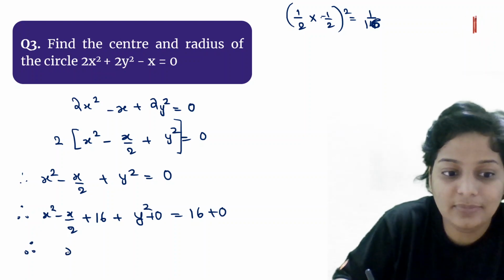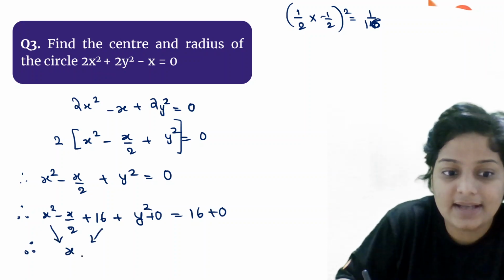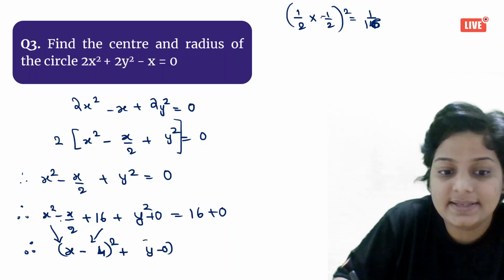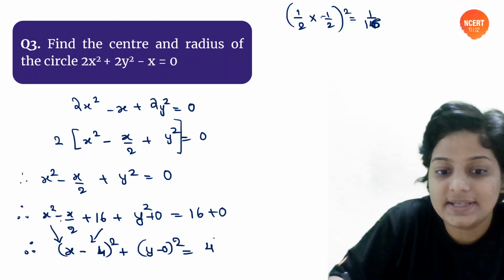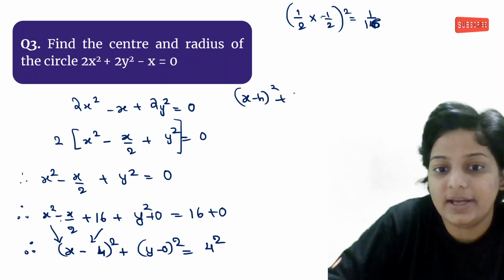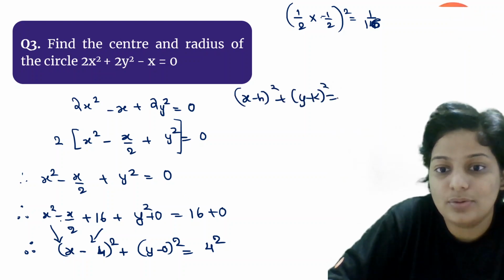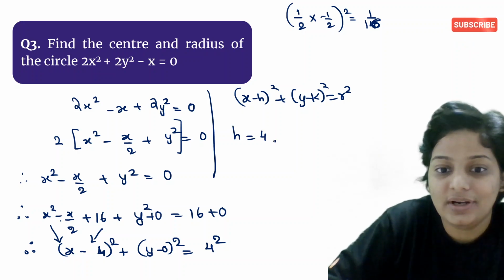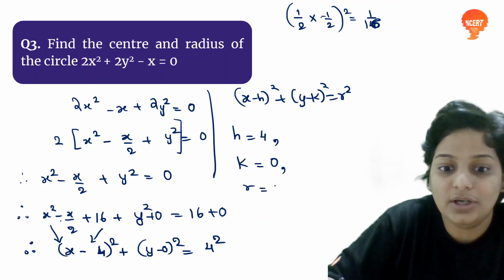So next step, x comes from here, 4 comes from here, and this minus sign. So it's x minus 4 the whole square plus y minus 0 the whole square is equal to 16, which means 4 square. Compare it with x minus h the whole square plus y minus k the whole square equal to r square. What am I getting? h is equal to 4, k is equal to 0 and r is equal to 4.